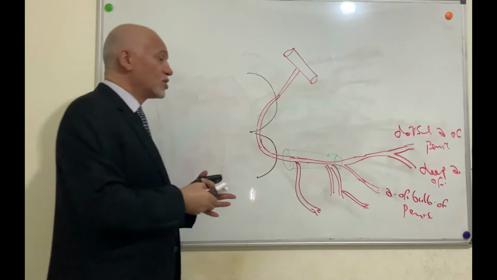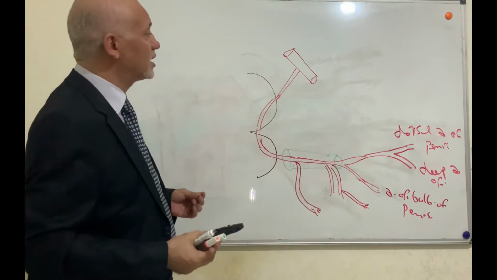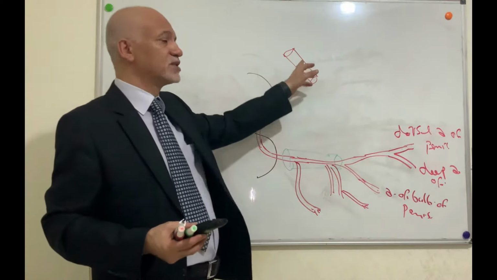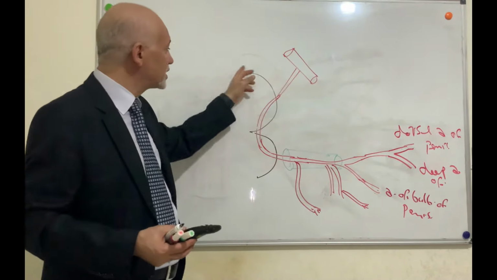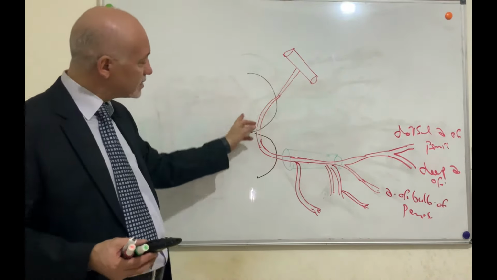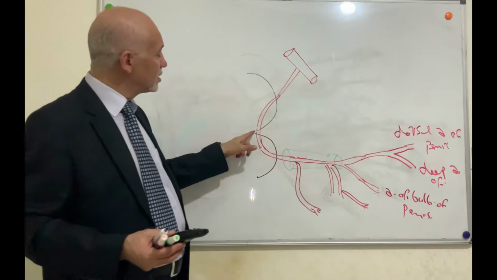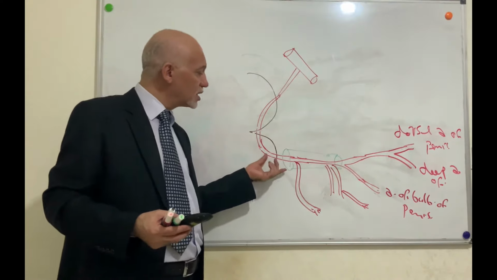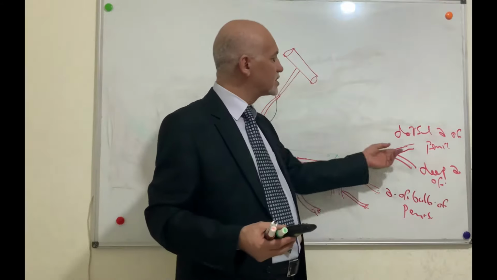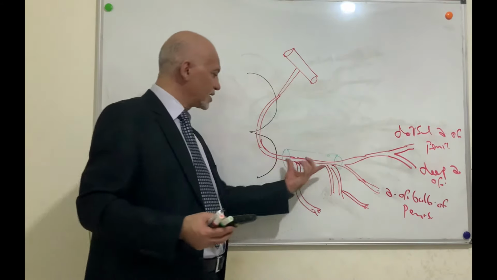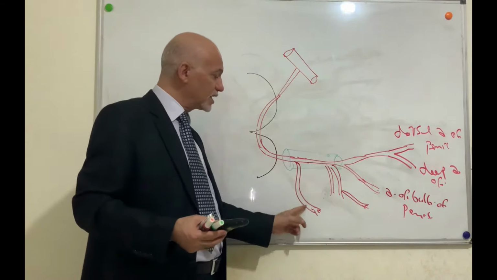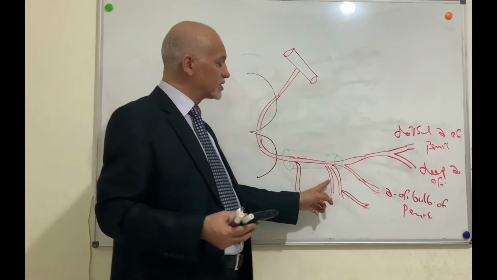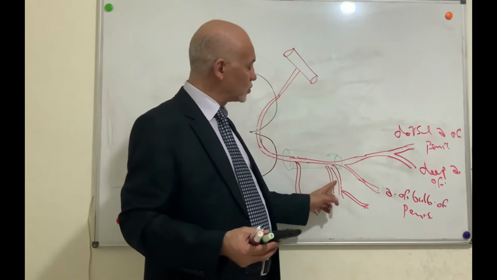Again, the course and the branches of the internal pudendal artery. It is a branch from the internal iliac, comes out through the greater sciatic notch, and then enters the lesser sciatic notch and runs within the pudendal canal and gives branches. In the pudendal canal, it gives the inferior rectal, and also gives labial or scrotal.